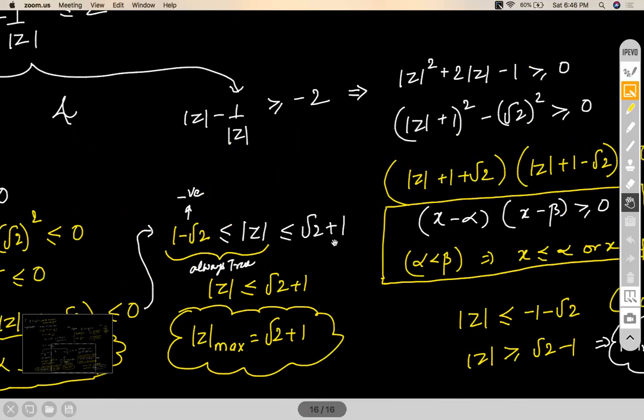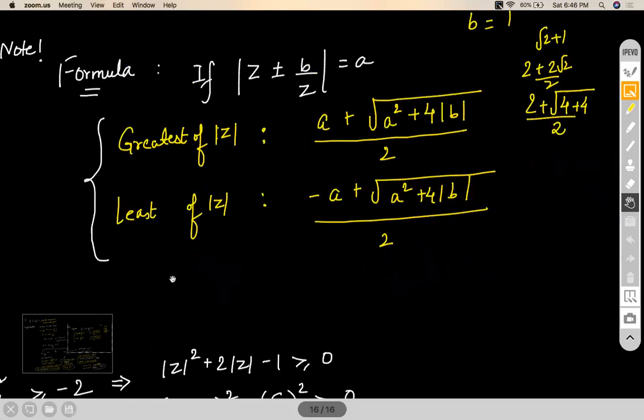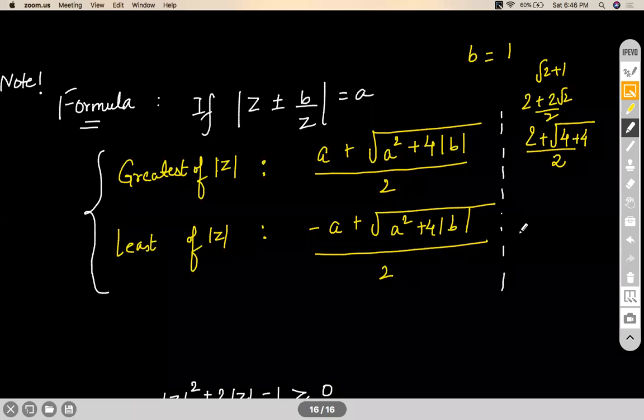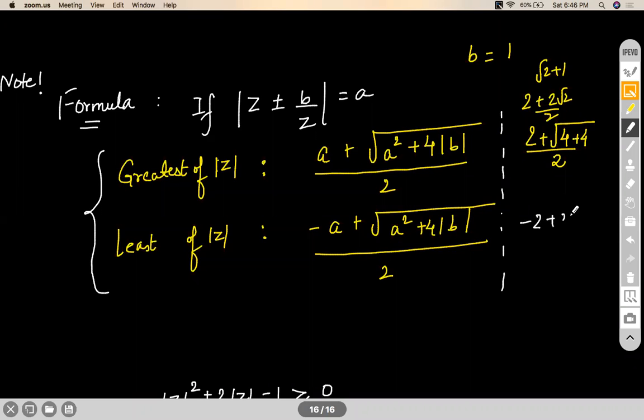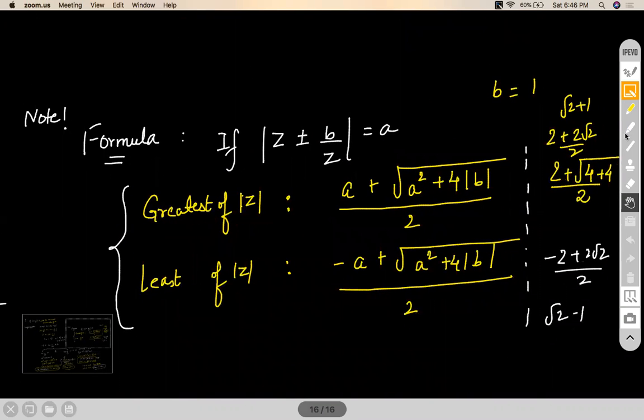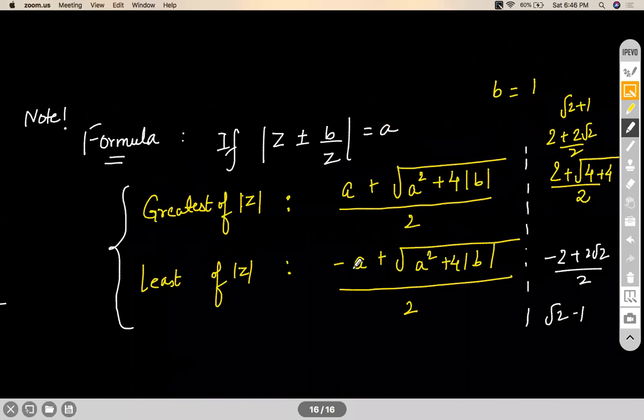And your minimum value would be minus 2 plus 2 root 2 by 2, which is root 2 minus 1. That's what we got here. This really saves a lot of your time in a competitive level exam. So please make a note.